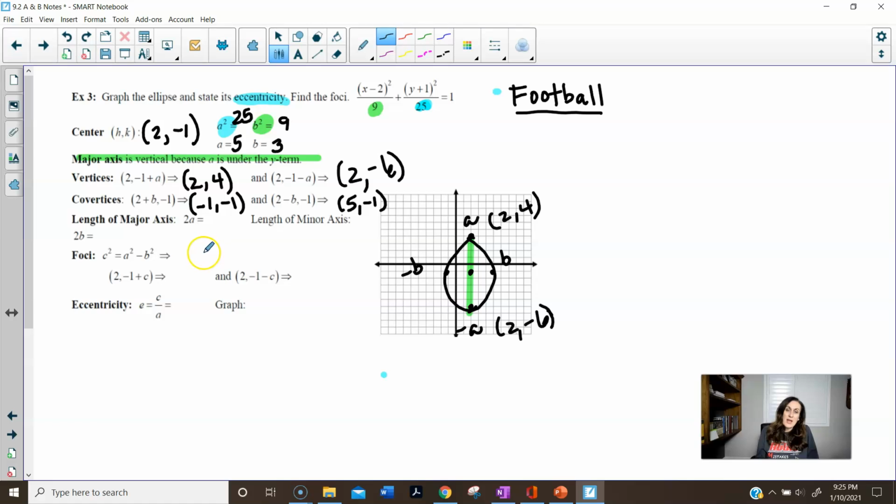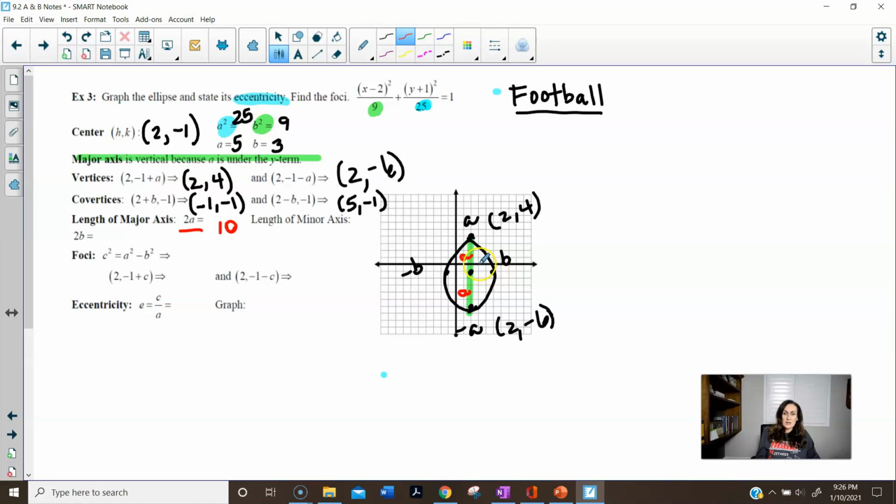The length of the major axis, well, think about it. If the distance from the center to up here is a units, so that's the distance, then the entire axis is going to be double that. So your formula for the length of your major axis is 2 times a, so it's going to be 10. The length of your minor axis is going to be the same thing.